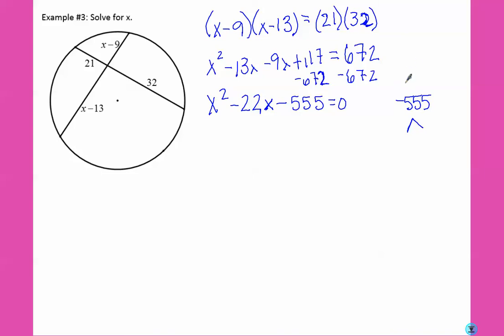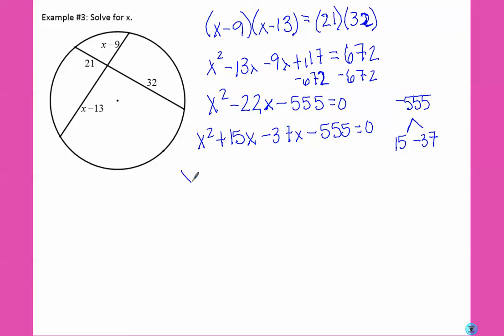Yep, we divide it by 15, then we get negative 37, and those will add up to negative 22. So x squared plus 15x minus 37x minus 555 equals 0.